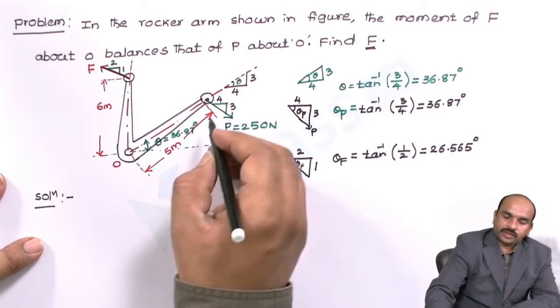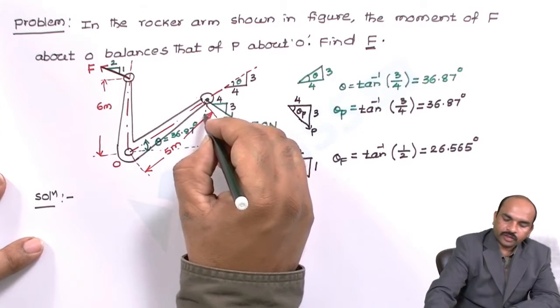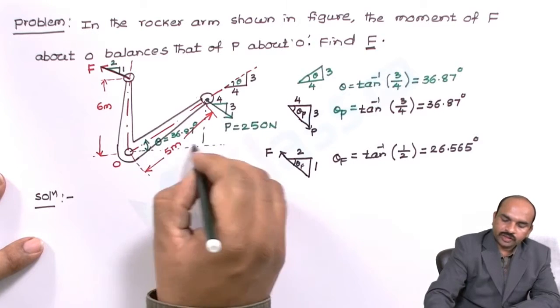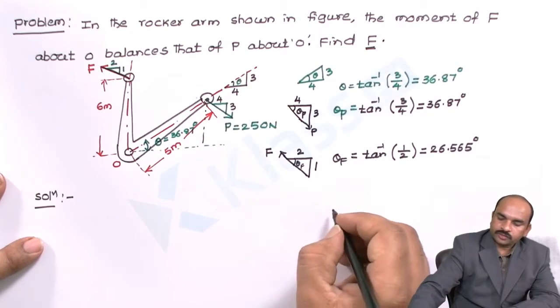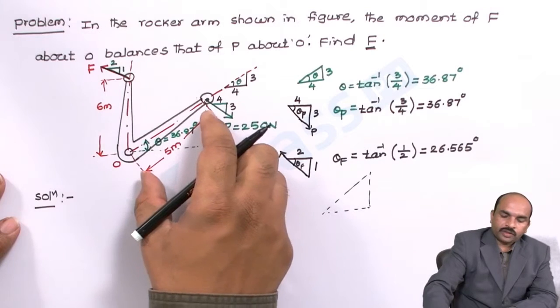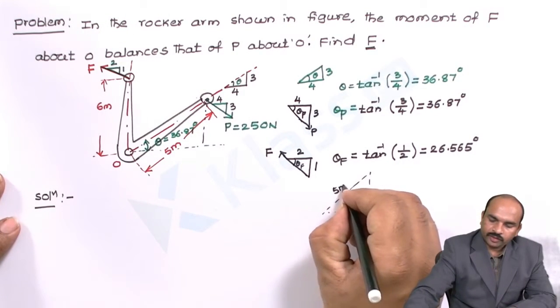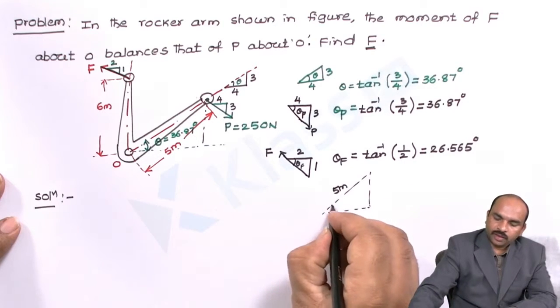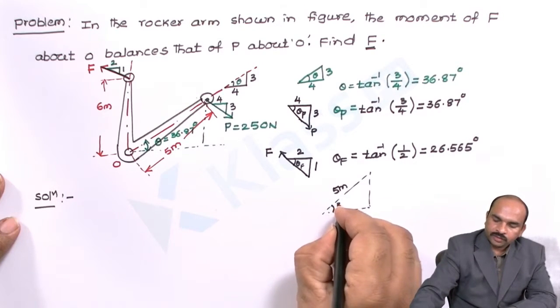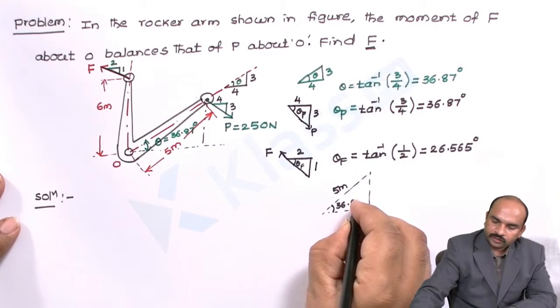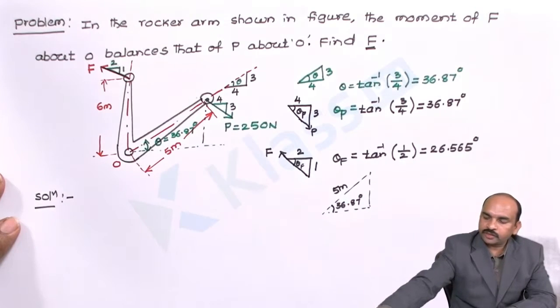So now once we know this theta, we can calculate these two distances. We know this total length is 5, this is 5 meters, and this angle is 36.87 degrees.